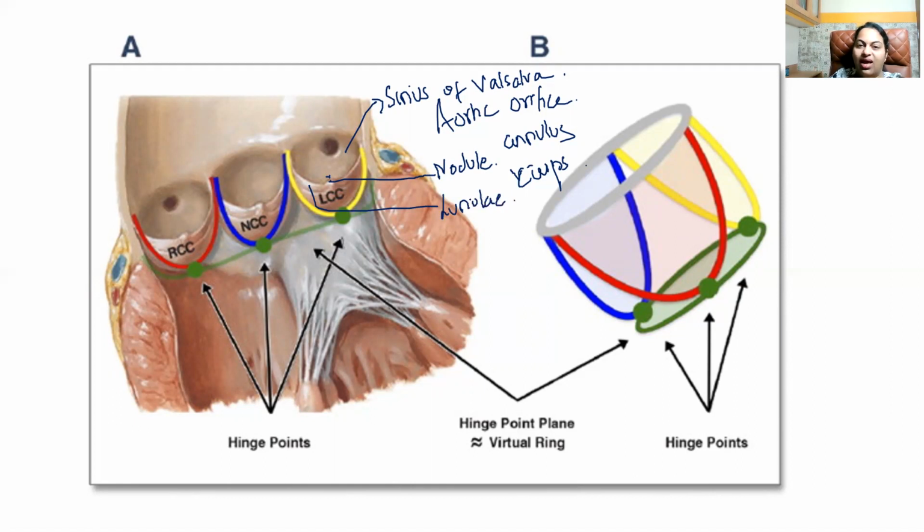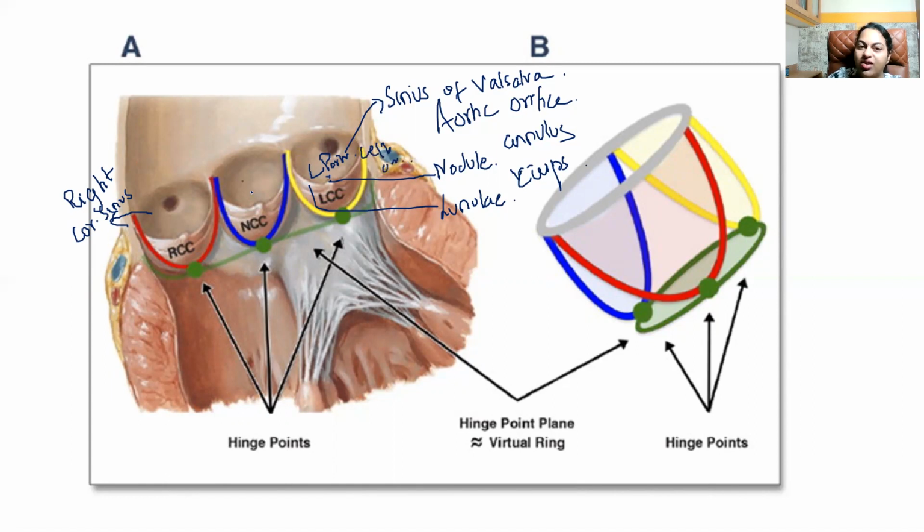Okay, and in the aorta there is one anterior cusp which is going to give rise to the right coronary artery. So this anterior sinus is called the right coronary sinus. And there will be two posterior aortic sinuses, of which the left posterior, which is going to give rise to the left coronary artery, will be called the left coronary sinus.